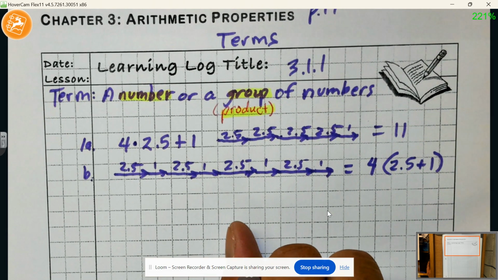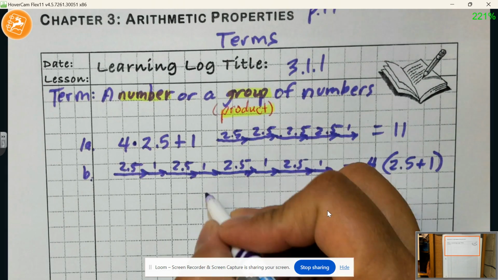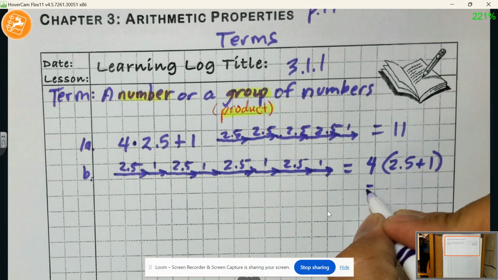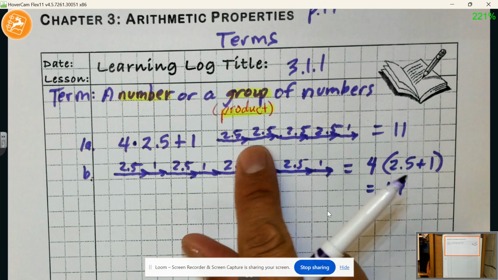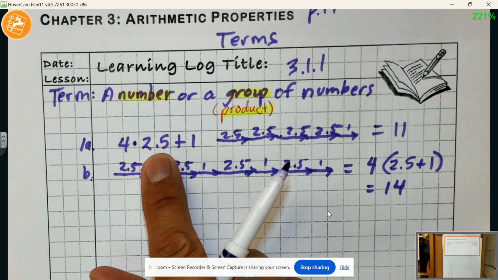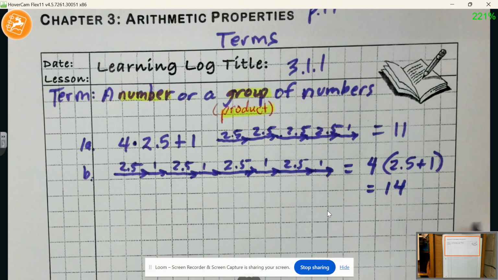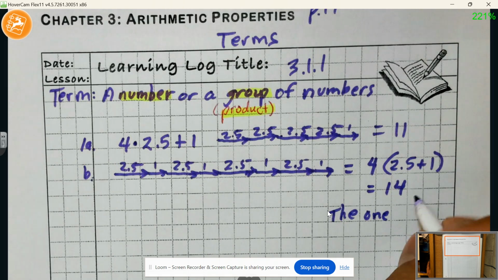So it gives us a completely different value. Now we have that equal to 14. The difference is, in this case, the 1 is not part of the group. We have 4 groups of 2.5 only. And in this case, the 1 is part of the group.